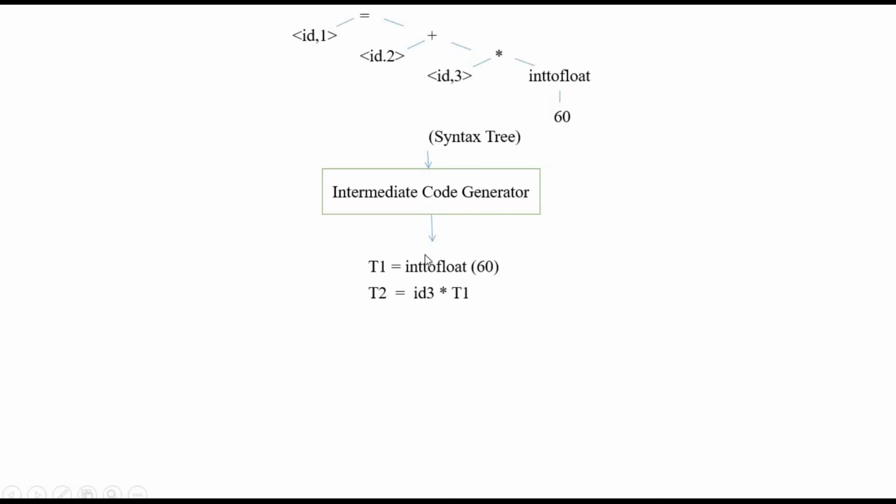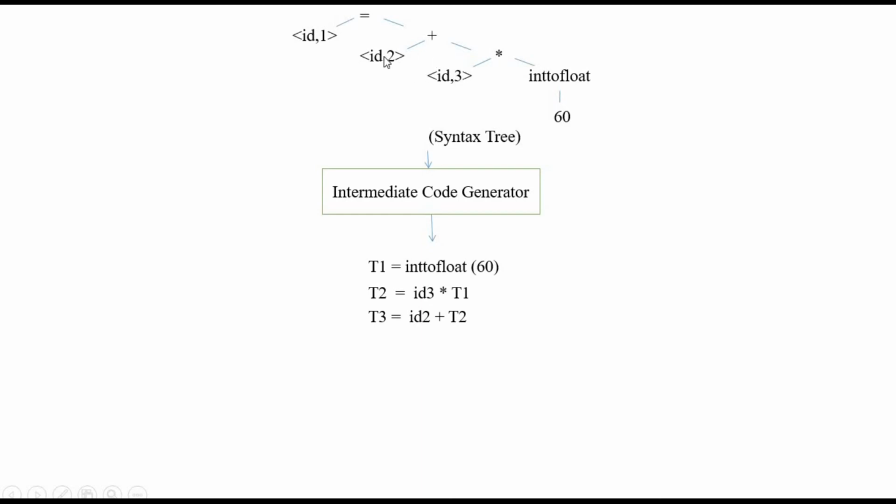So this is the form of 3-address code, maximum 3 operands. Now the result of id3 into integer to float 60 is stored in T2, which is added with id2. So next is id2 plus T2. The result of this expression is stored in temporary variable T3.